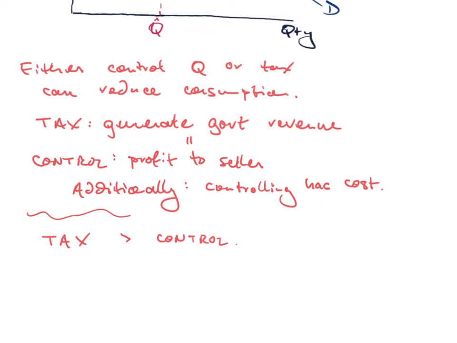I don't know if this makes sense, but how does reducing consumption benefit the sellers? Cutting back the quantity that can be sold drives up the price. Oh, okay. And that results in profit to sellers.